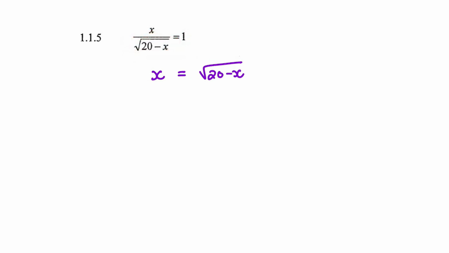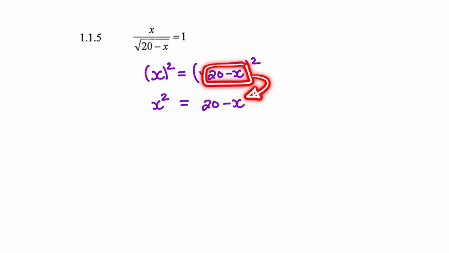Next, I'll take the square on both sides to get rid of the square root. So that leads me to x squared on the left is equal to 20 minus x, because when you square a square root, you are left with the contents of that square root.